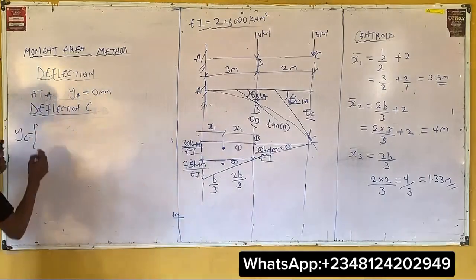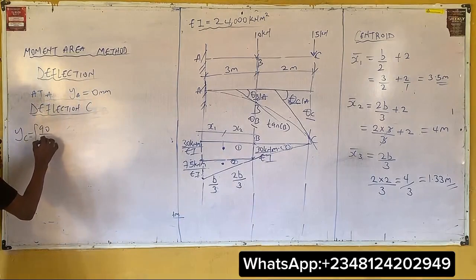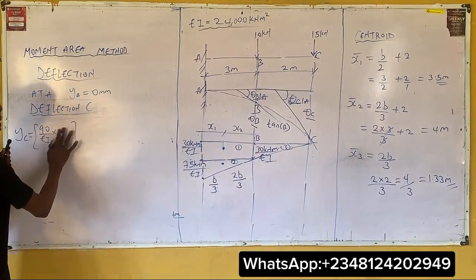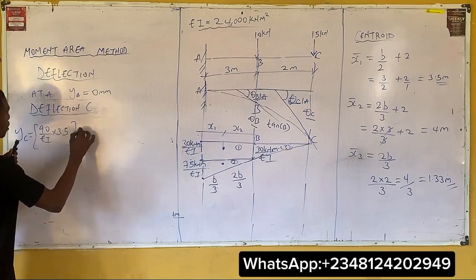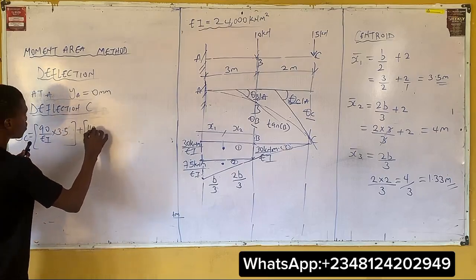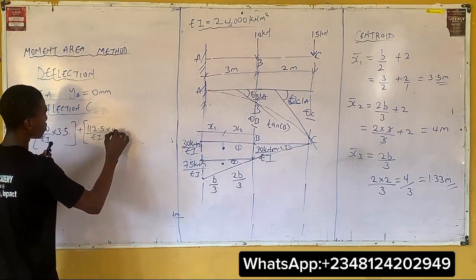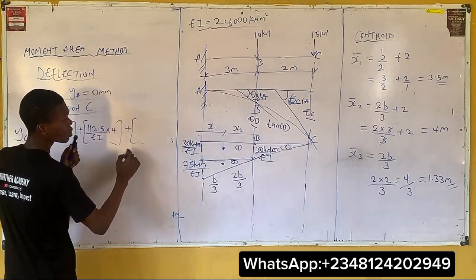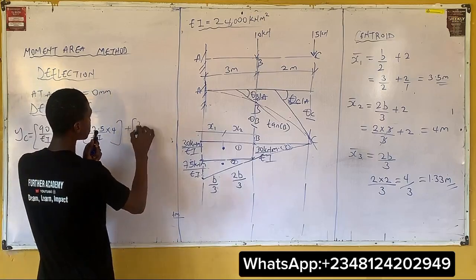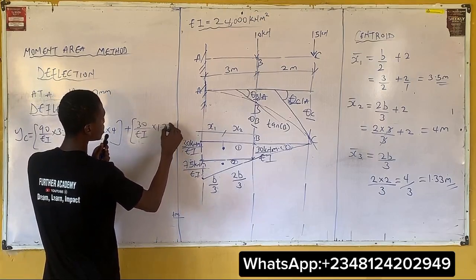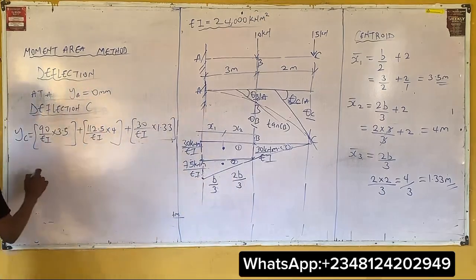What do we have? 90 over EI multiplied by 3.5 plus 112.5 over EI multiplied by 4 plus what do we have? 30 over EI multiplied by 1.33. So get this. Press this in your calculator.